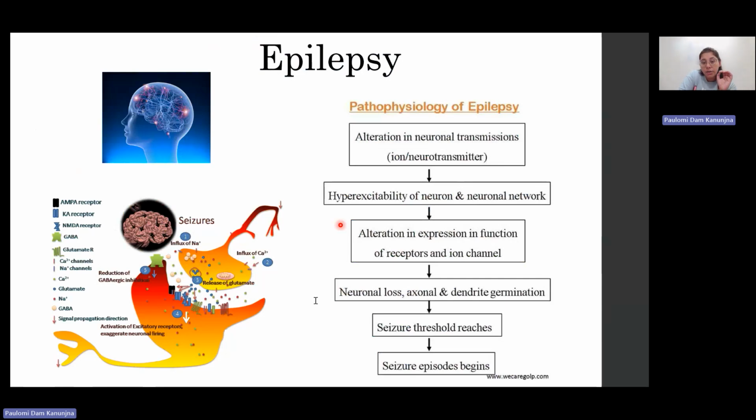So in your brain, as you can see, there is a hyperexcitable state of neurons and the neuronal network, because of which you have too high electrical activity that leads to uncontrollable shaking in your body, which is called seizures, right? And this is because there is an imbalance between your excitatory and inhibitory neurotransmission.